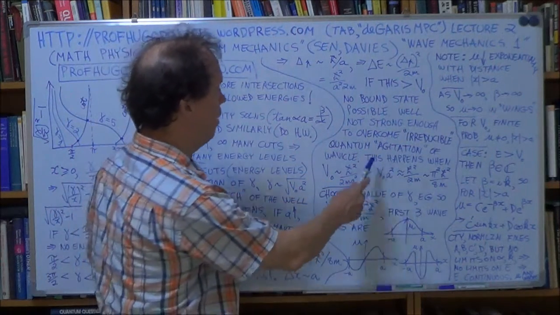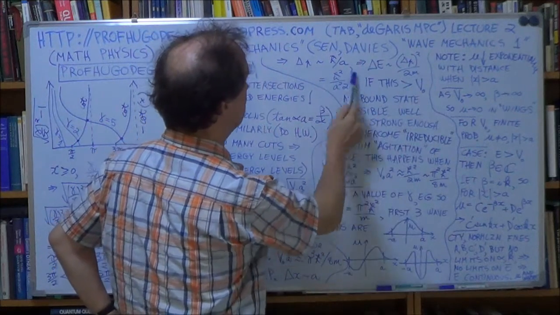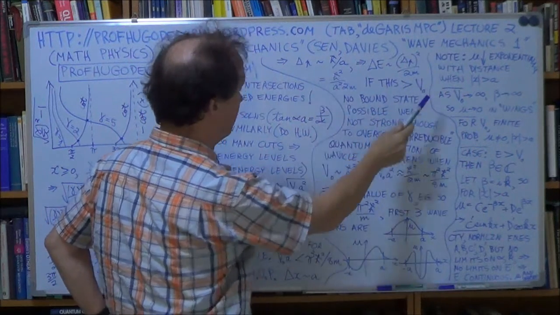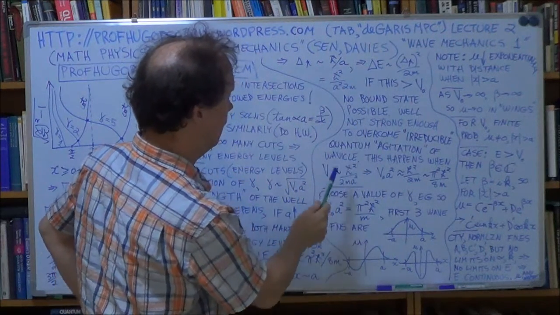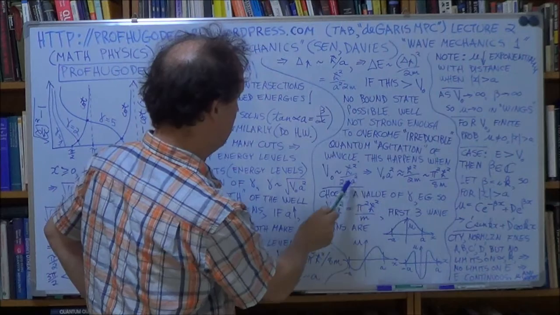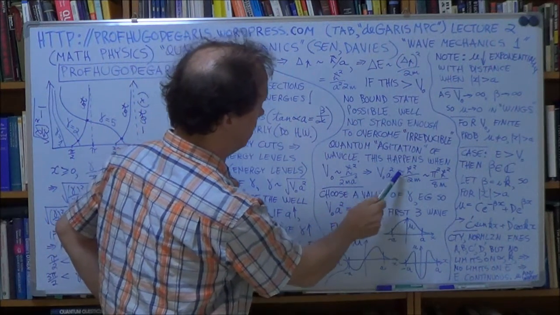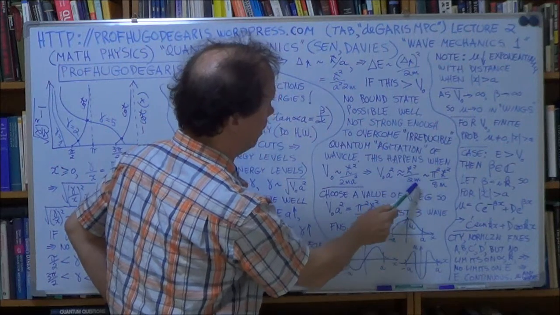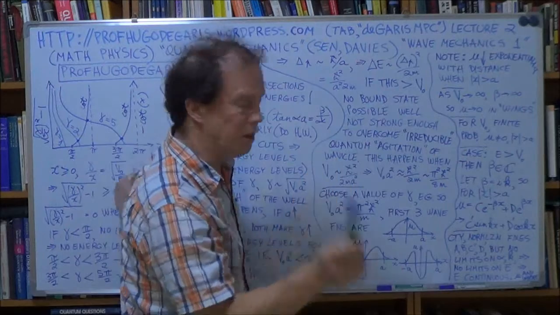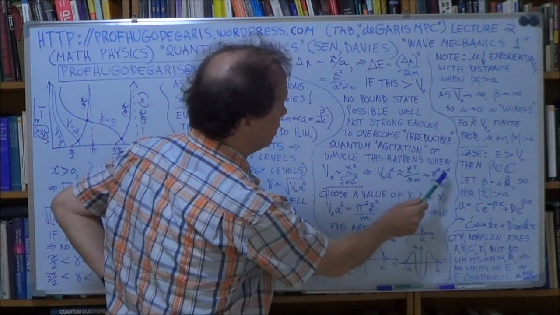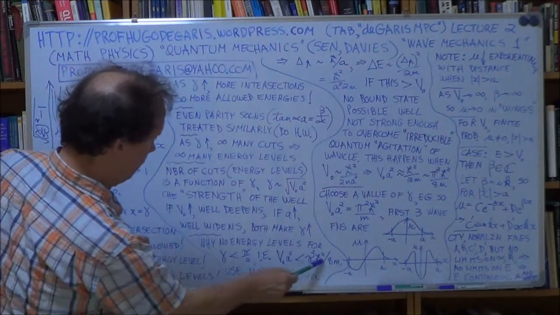Now that will happen when V and this are more or less the same size. Okay, so in other words, V naught is about this. Here it is here, and so bring the A squared over to this side. So then you've got V naught A squared is roughly h bar squared over 2m, and that is of the same order of size as roughly pi squared h bar squared over 8m, which is here.